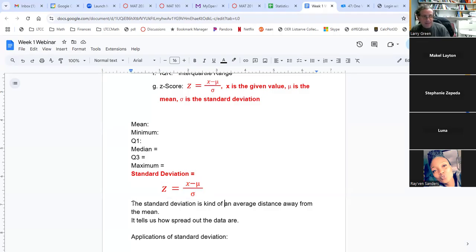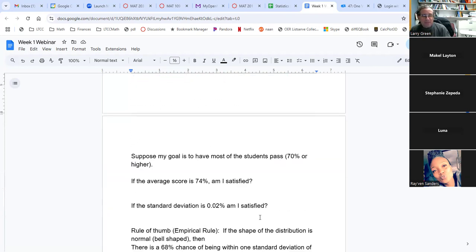And what it does is it kind of tells you how unusual something is. If something's very unusual, it's going to have a very high z-score or a very low z-score, meaning like -3.